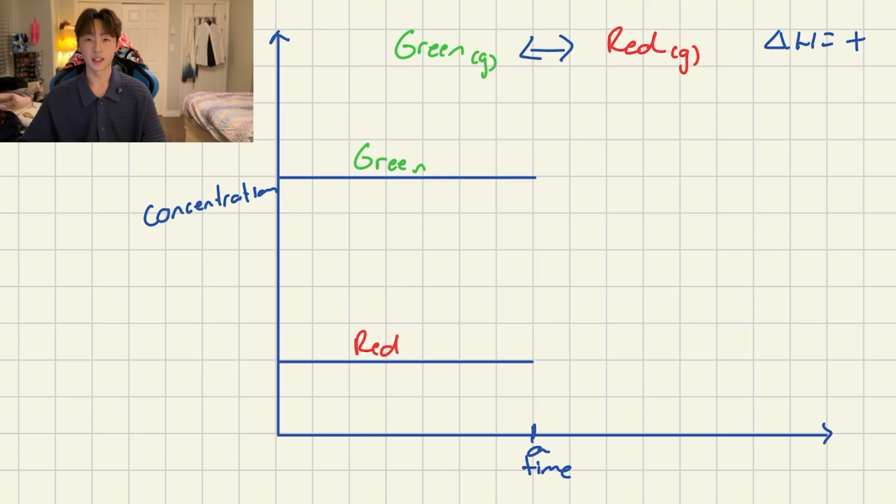Now we know that increases the reaction rates of both the forward and reverse reaction. However, the rule is that the endothermic reaction is always affected more by changes in temperature. And because we know the forward reaction is the endothermic one, that's going to be affected more by temperature.